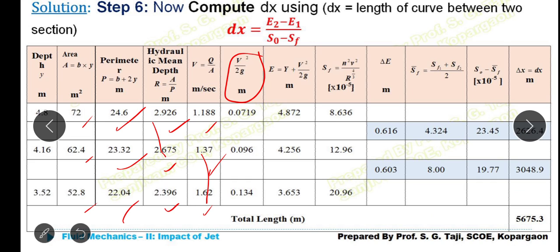First E1, E2, E3 we will calculate. Then SF1, SF2, SF3 we will calculate. Then delta E is nothing but the difference of these two, and SF is the difference of these two as per the formula. Then the difference of these two and the difference of these two. That's why it is written in between. Is it clear why it is written?